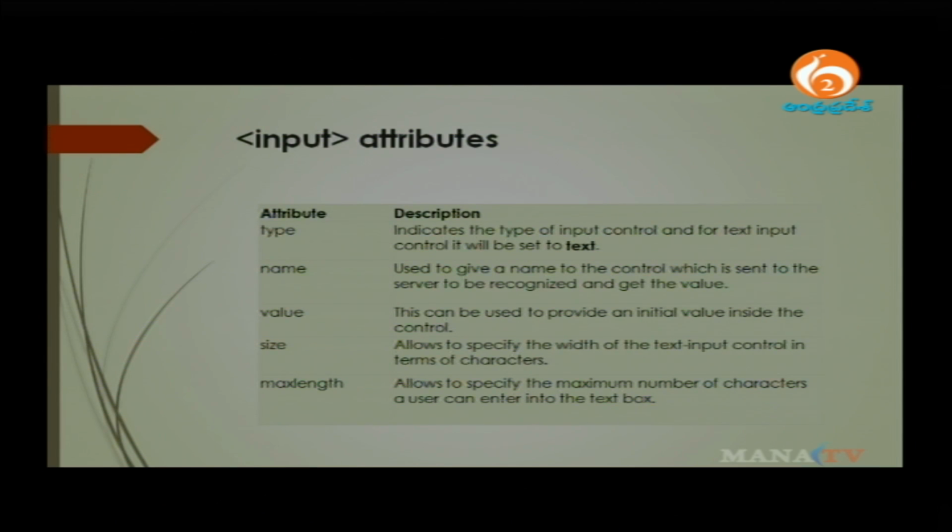Name is used to give a name to the control, which is sent to the server to be recognized and to get the value. The name will not be shown to the user, but will be used inside the web page and to send it to the server.